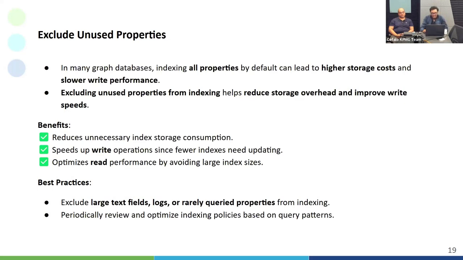If we keep the indexing of all properties, it will cost us request units and the storage cost will also be higher. So we have to figure out the unused properties of graph nodes or edges and exclude them so that storage consumption will be lower and query performance will speed up.